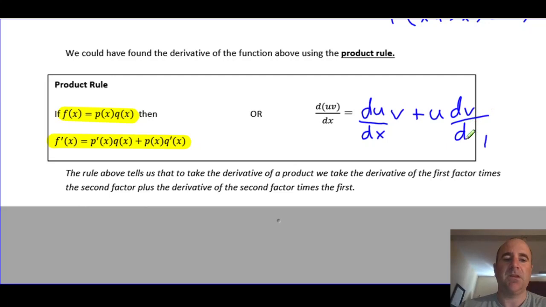So in Leibniz notation, it's kind of slick, because you don't need to say let y equal uv. You can just say the derivative of uv with respect to x is the derivative of u with respect to x times v plus u times the derivative of v with respect to x.